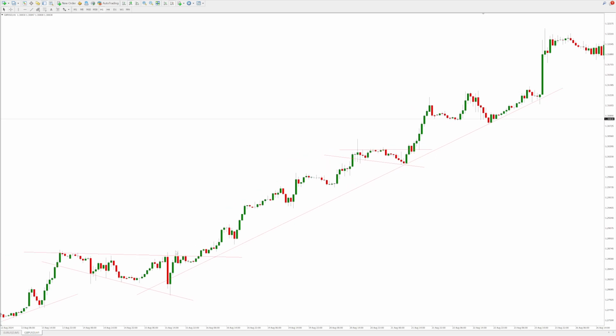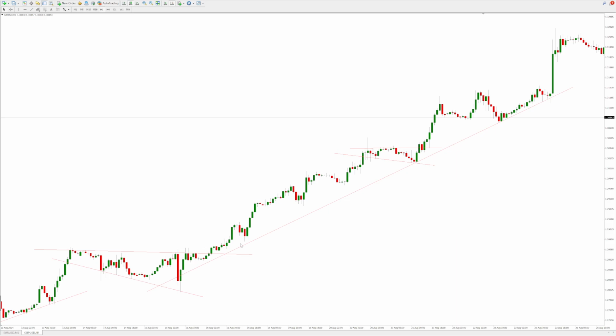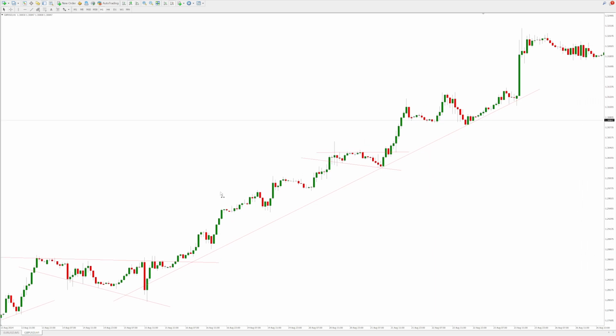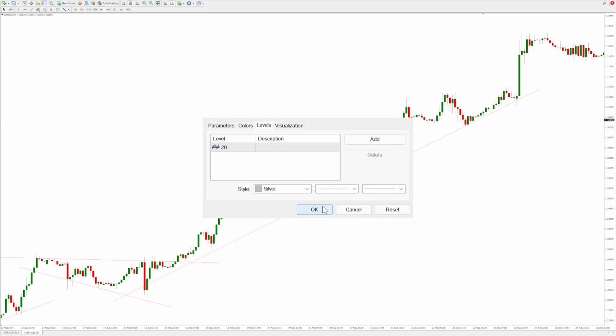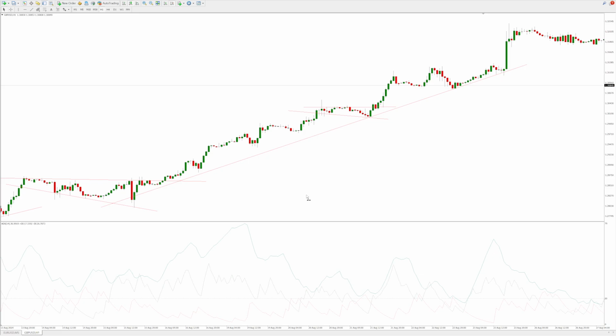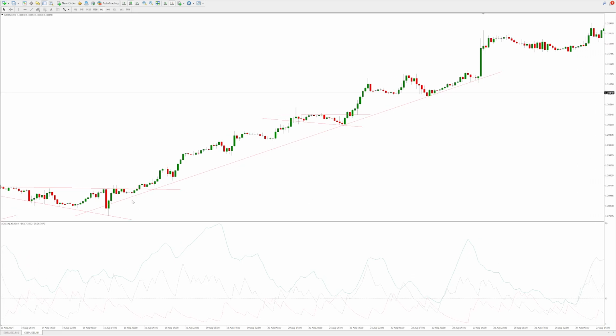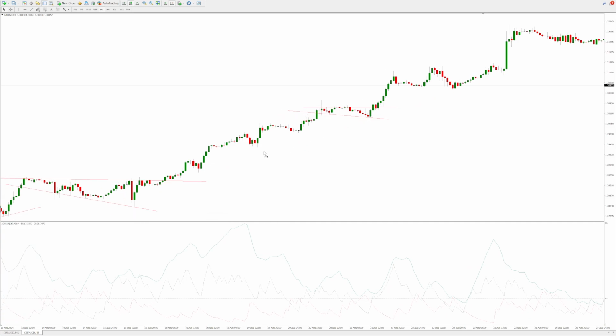You can use other price action analysis, candlestick patterns, and even indicators. For example, if we just put the ADX on the chart, let's just remove this line. It's basically the ADX. You can look to enter when the green crosses the red and the momentum is above 20.